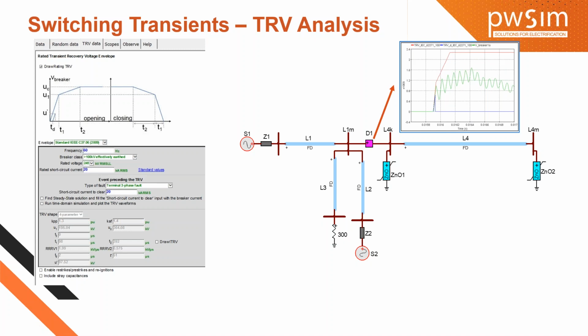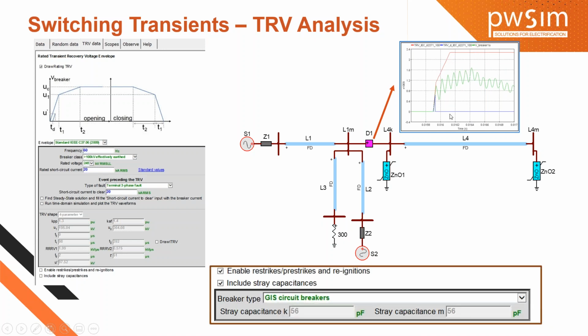It is taken automatically internally, and it will provide the envelope. In this example, you can see the red waveform indicates the TRV envelope of the system, and the green waveform represents the voltage across the breaker.